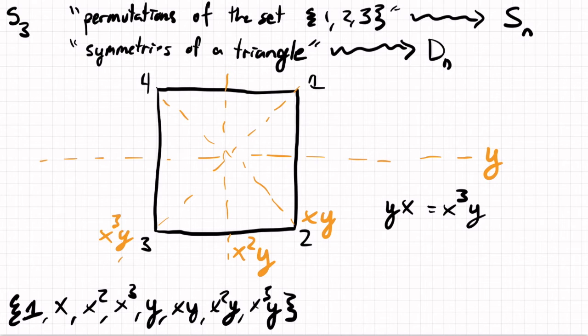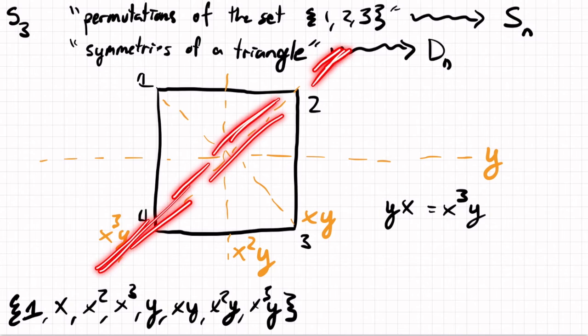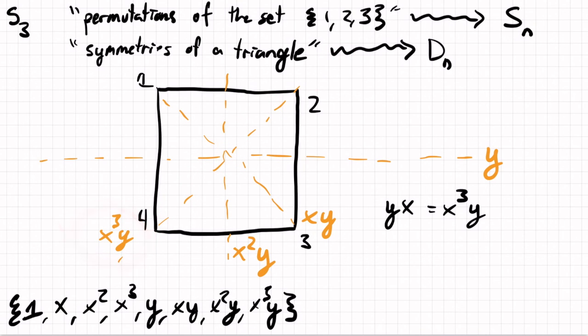And to do that, we'll come down here, just like this. And what am I left with? Well, 1 and 3 have swapped from where they were at the beginning, and 4 and 2 are back in the same place where they were, which is exactly this diagonal reflection, which is exactly x y cubed.